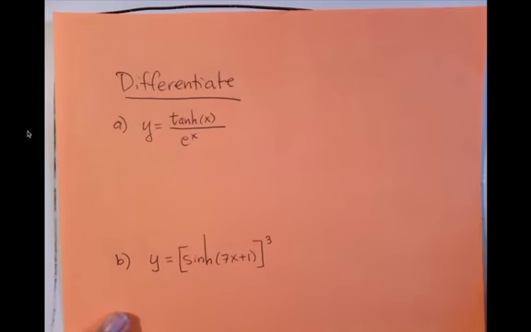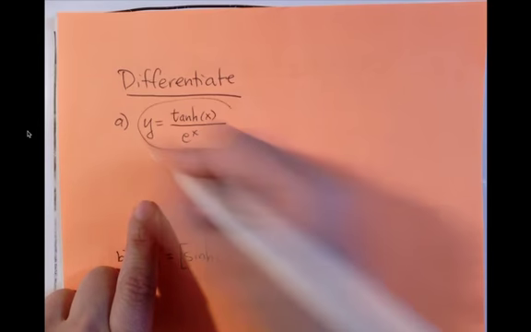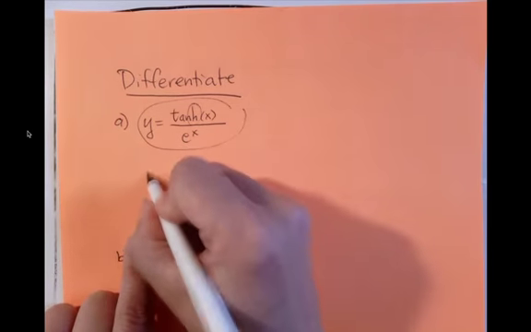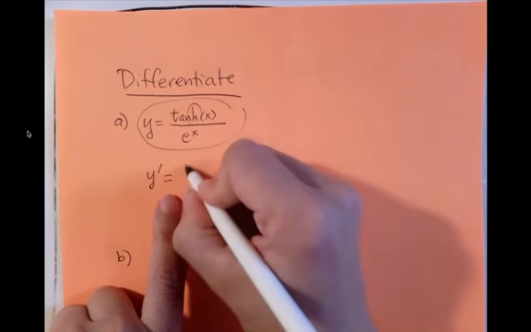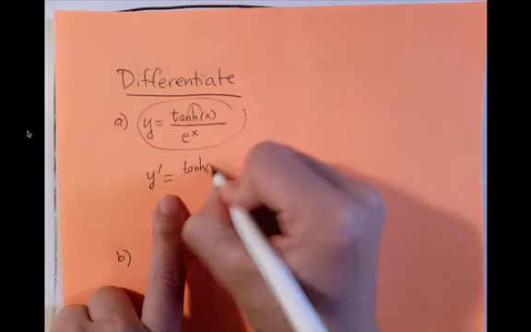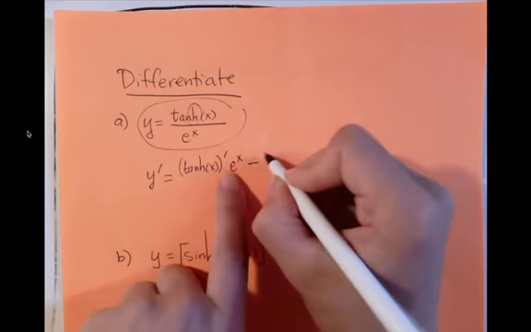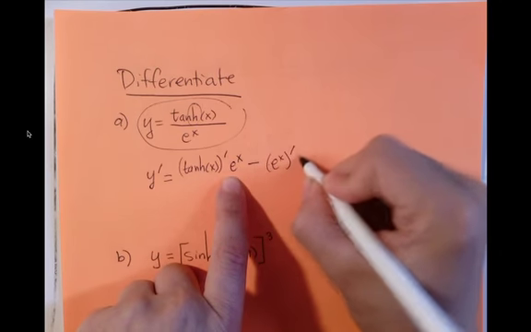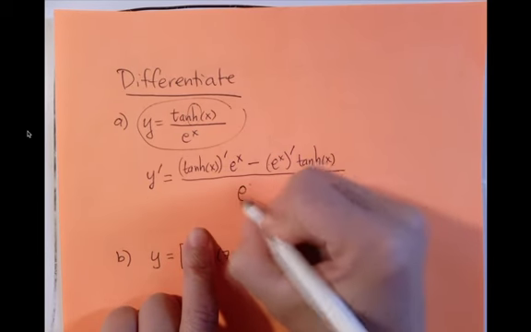The last thing I'm going to do is just some quick differentiation examples. So here's my function. It has a hyperbolic trig function in there. So y prime, in this case, using the quotient rule, I'm going to take the derivative of the hyperbolic tangent times e to the x minus the derivative of the bottom function times the hyperbolic tangent, and everything gets divided by the bottom function squared.